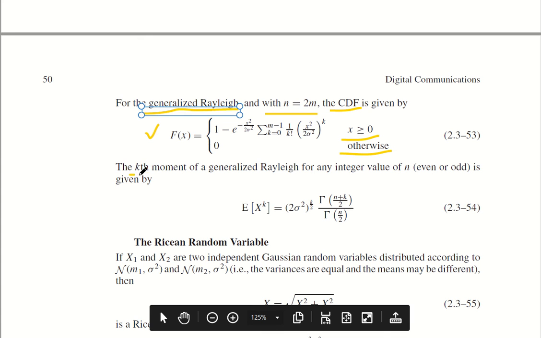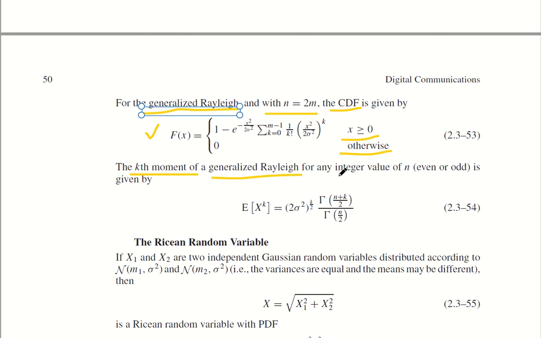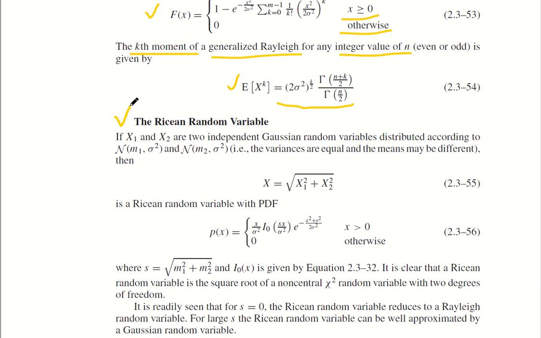Okay, and then the kth moment of a generalized Rayleigh for any integer value of n, you take the expectation of x to the k. That is the definition of the moment, and you have this form that includes the gamma function.